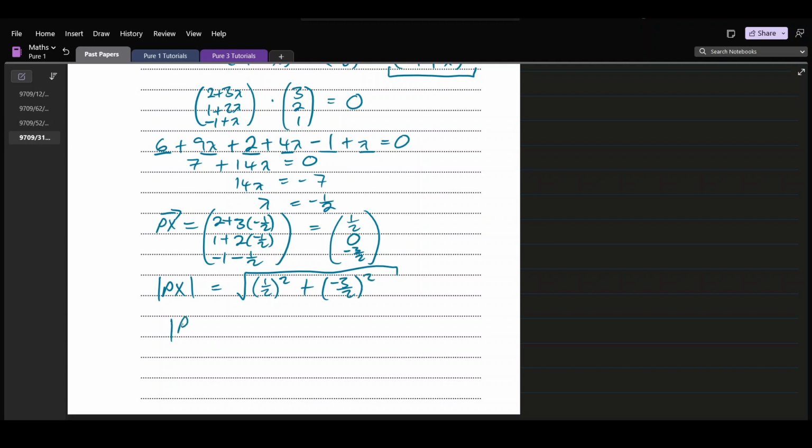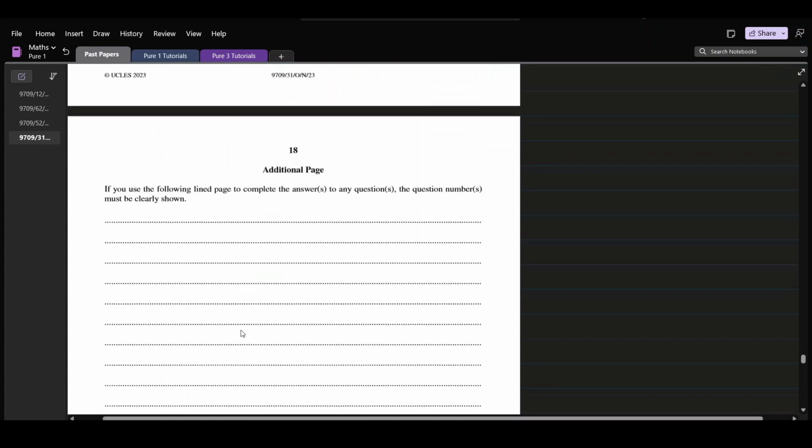That gives us root 10 over 2, and this is our final answer. And I believe that's the final question in this paper.